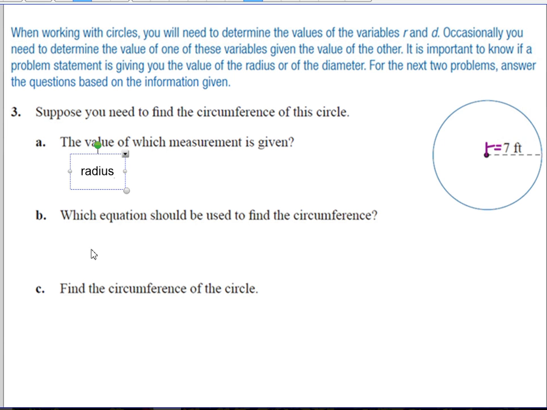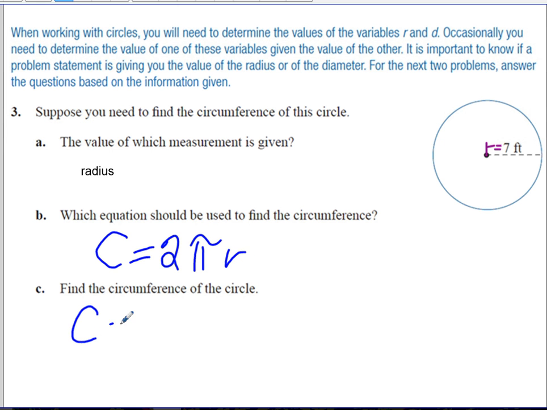And so the equation to find the circumference around the circle, when we have the radius given, is the circumference equals, so we'll use C for circumference equals, and that was 2 times pi times radius. And so our circumference equals 2 times, we'll use again 3.14 for the value of pi.